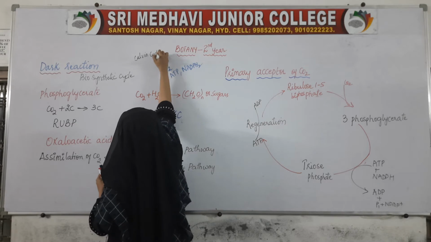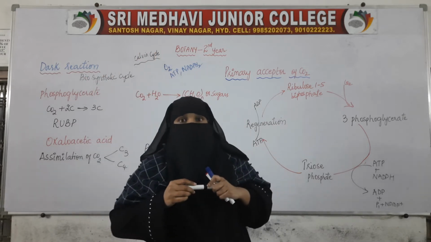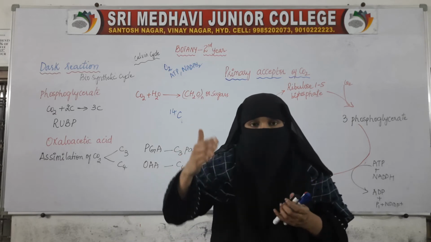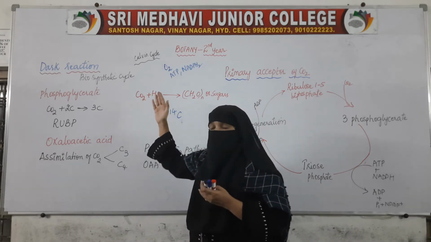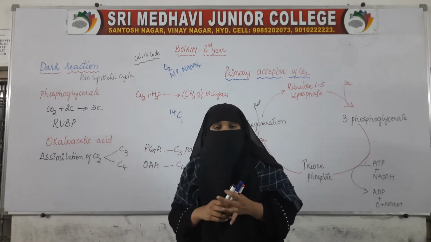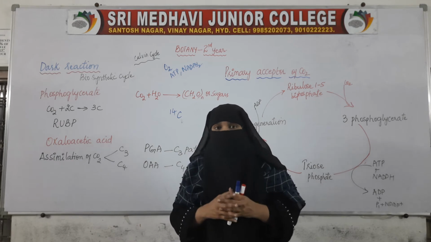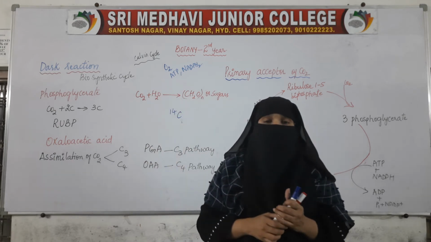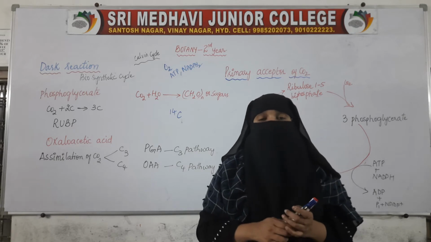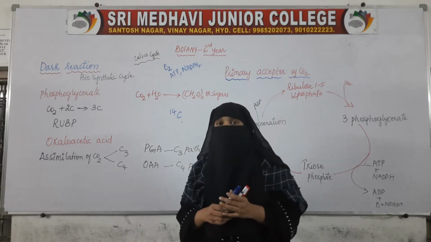It is called the Calvin cycle because all the events which take place in the changing of carbon dioxide to carbohydrate were well explained by Calvin.